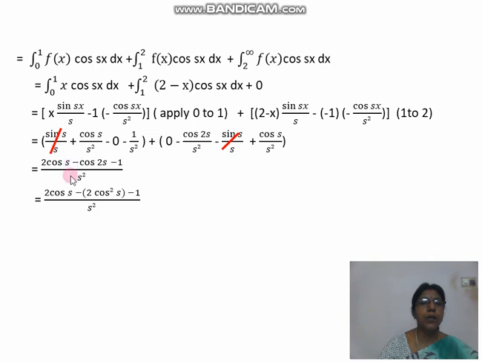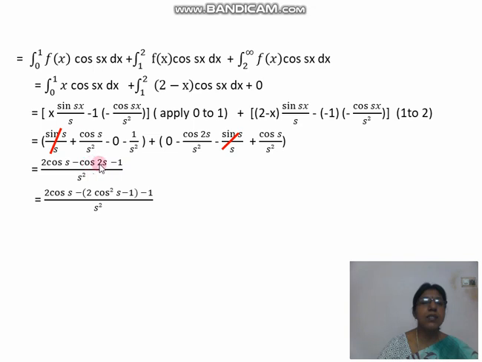Now 2 cos s minus 2 cos square s minus 1 by s square. Write 2 cos s as it is, the denominator is s square, 2 cos s minus 1 as it is.